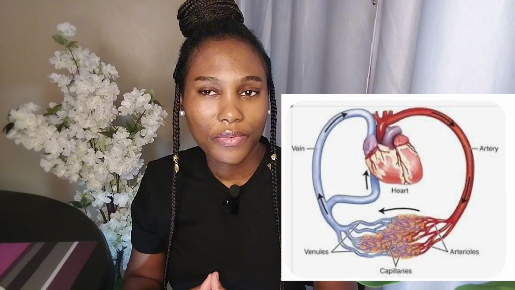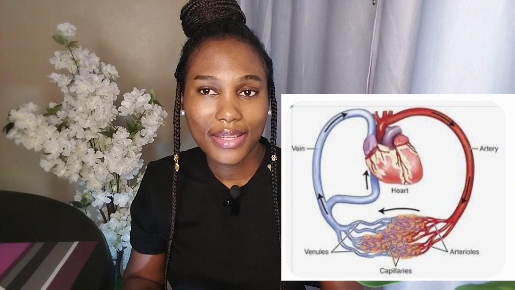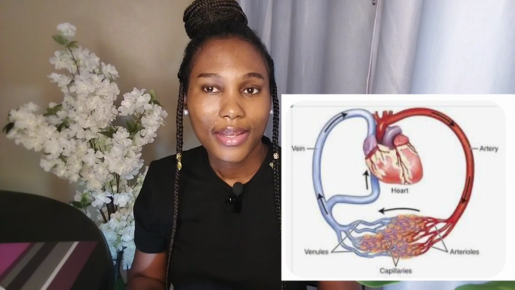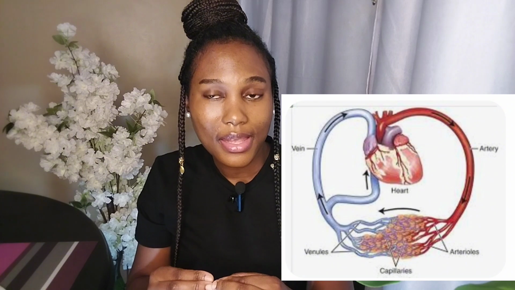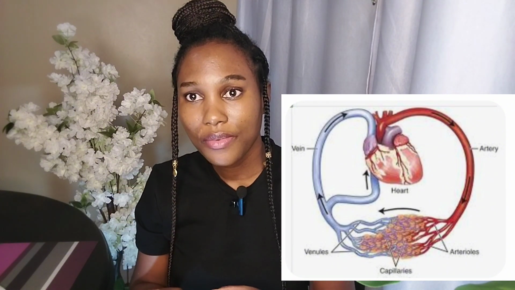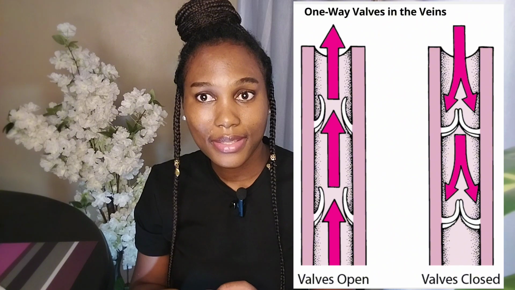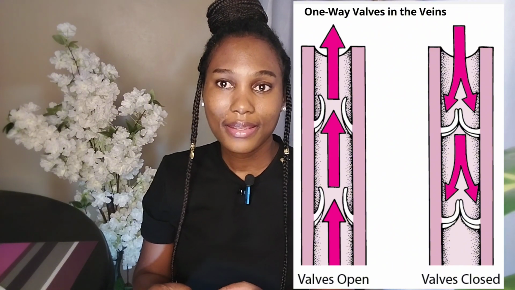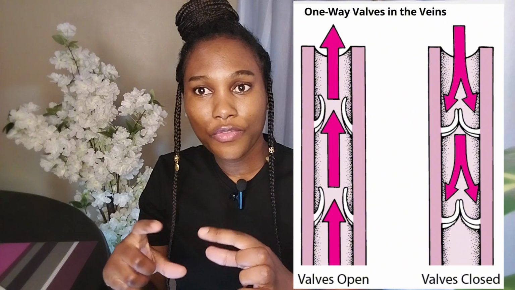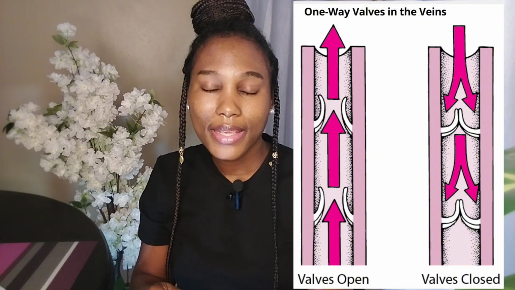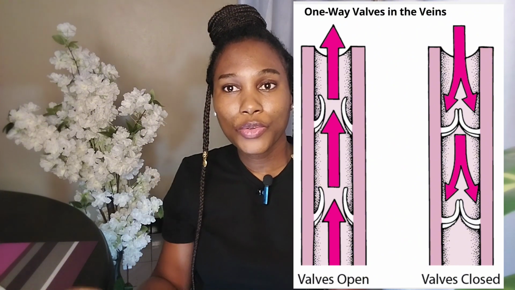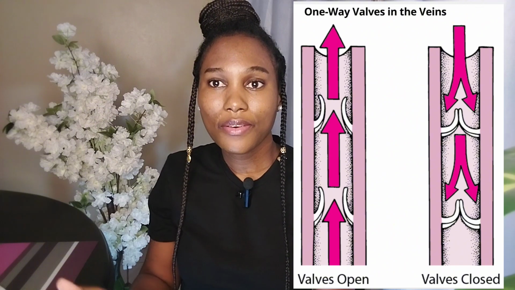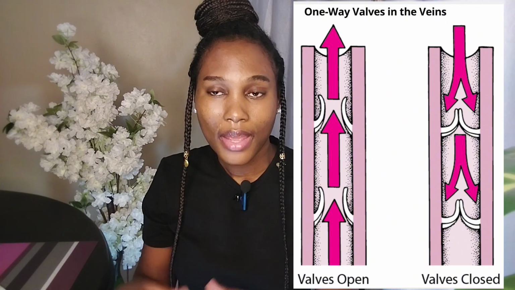However, in the setting of chronic venous insufficiency, this is not possible because there are some abnormalities within the veins. For example, the valves. Valves are like some kind of tissue flaps within the inner lining of the veins. They are supposed to prevent blood from backflowing.